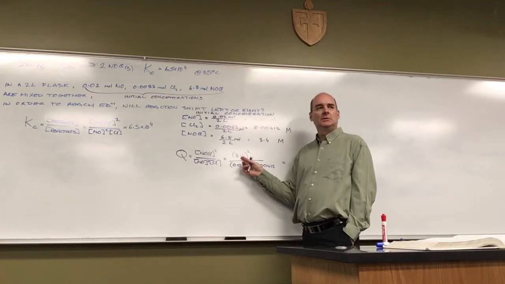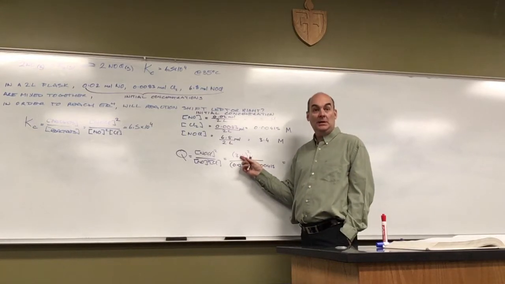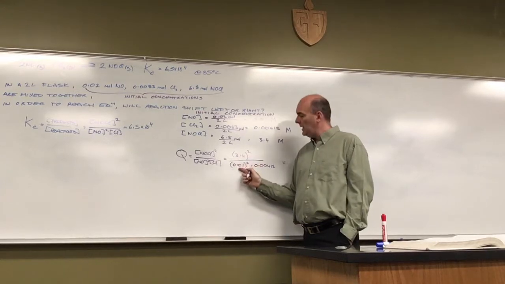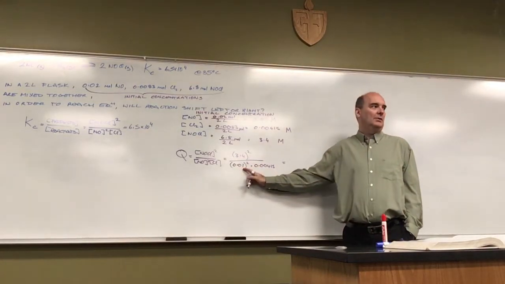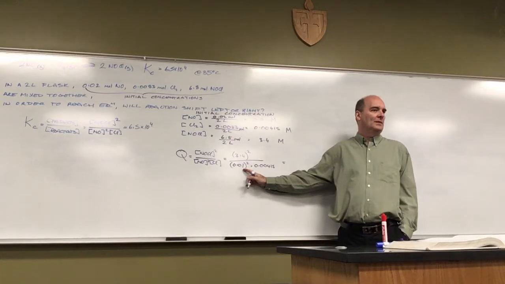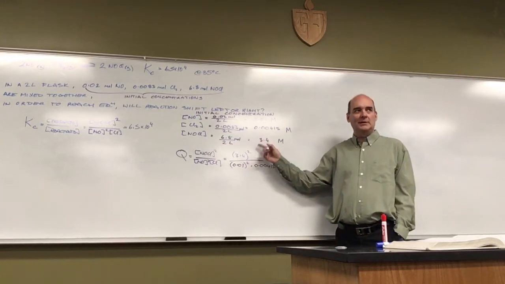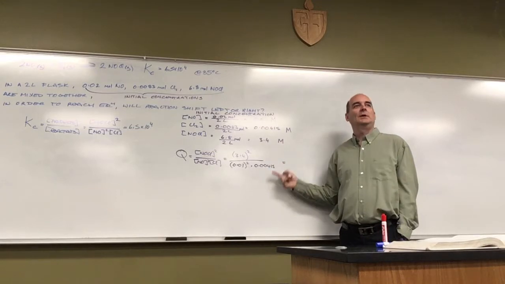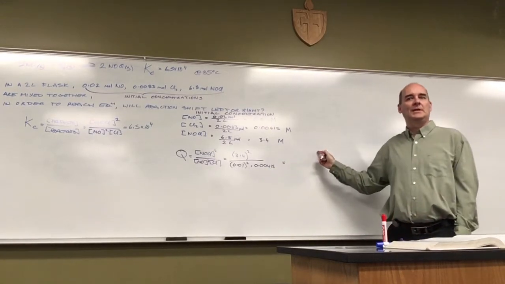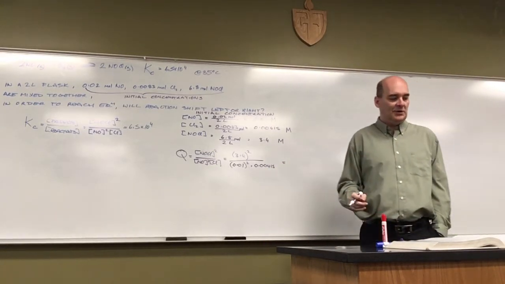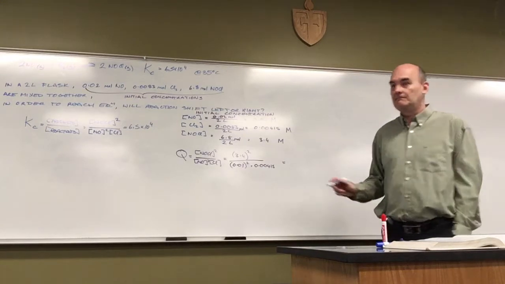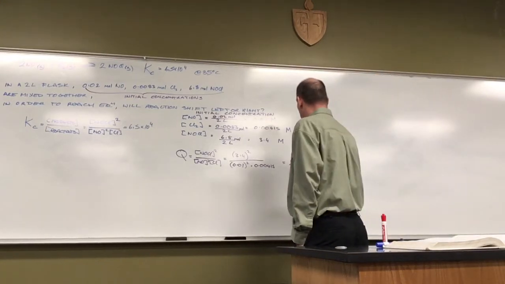This number on the top is going to end up being larger than 10. And then that's a small number, it's less than 1. And so when you square it, it gets even smaller. And then when you divide a big number by a small number, the big number gets bigger. So I'm going to have a fairly large number at this end. The number turns out to be 2.79 times 10 to the 7.